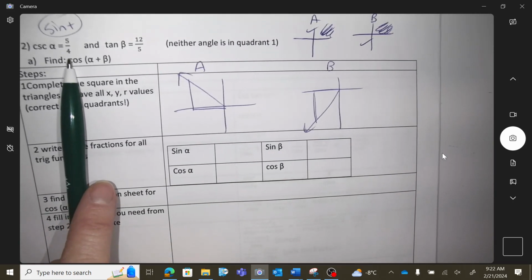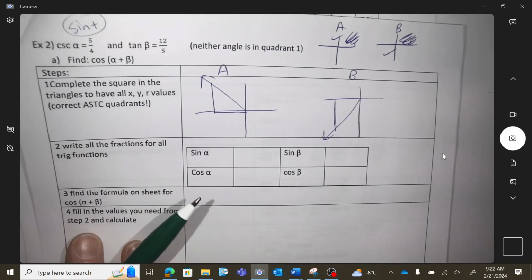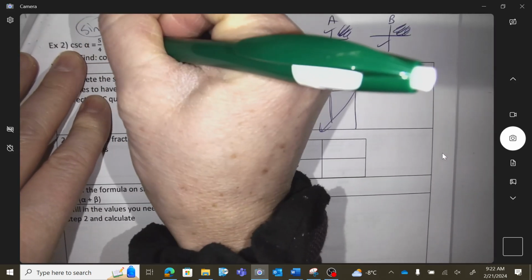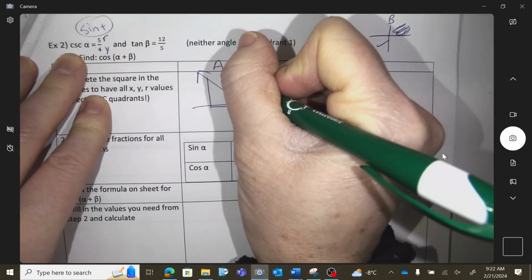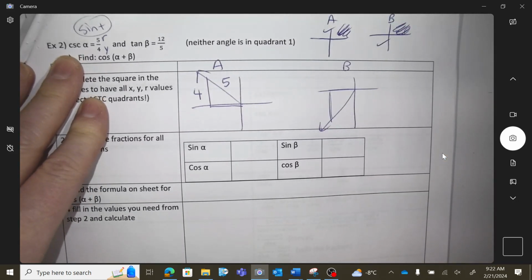I need a 4 and a 5 somewhere. You know your letters for that? That's an R, and that's a Y. So R5, Y4.